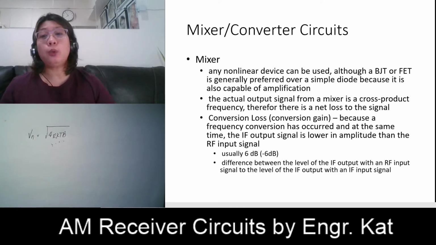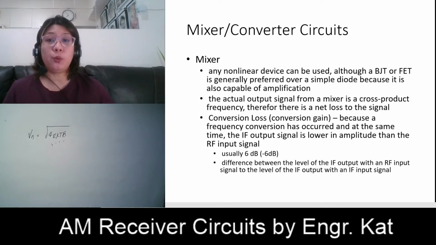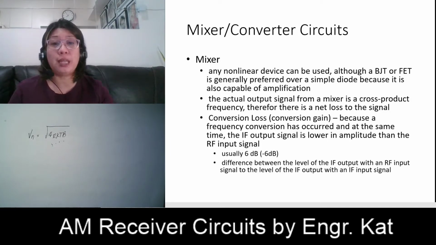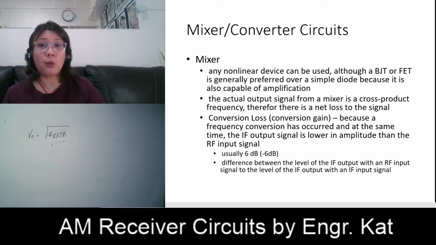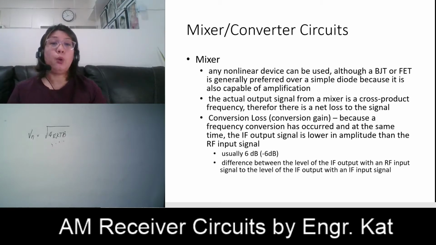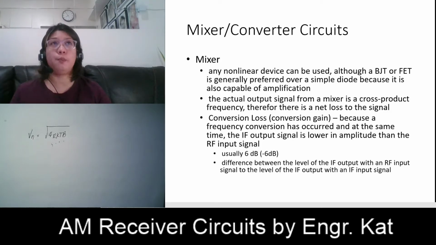The actual output signal from a mixer is a cross product frequency. Therefore there is a net loss to the signal. We call that net loss your conversion loss or conversion gain. We call this as such because a frequency conversion has occurred, and at the same time the IF output signal is lower in amplitude compared to the RF input signal.